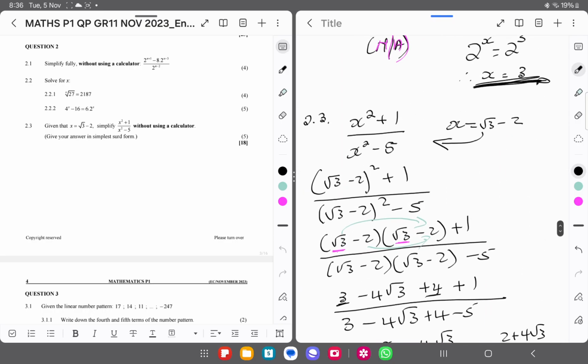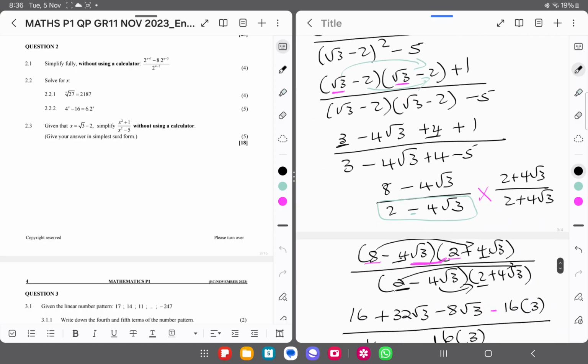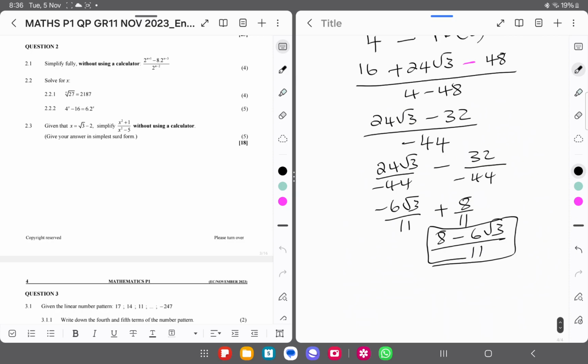How much are you getting? Are you getting the same as the answer? Let me quickly check here. Yes, you get 8 minus 6 the root of 3 over 11. So yeah, that will be the end of question 2. I'll see you guys in question 3.